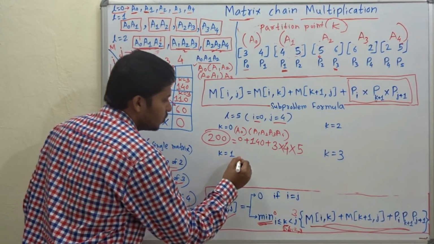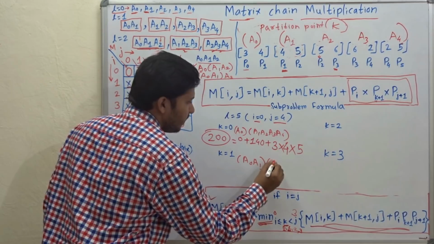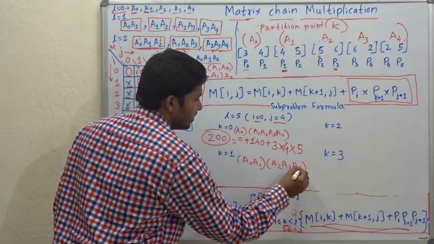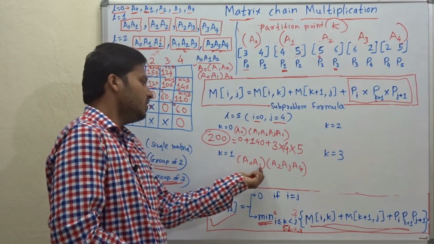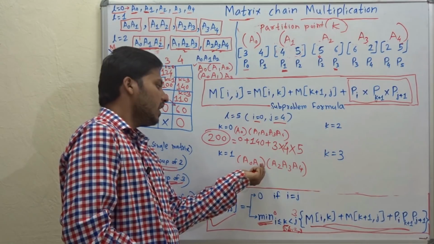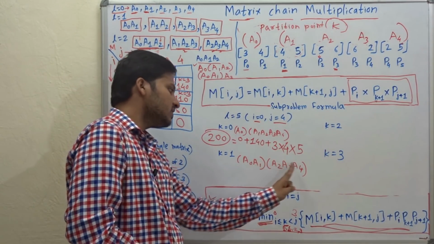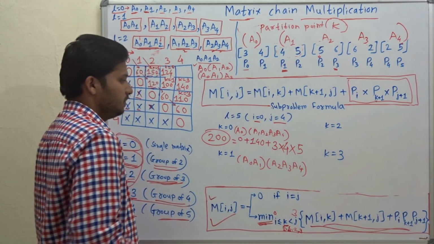Now for k equal to 1, see A0, A1 is one partition and A2, A3, A4 is the second partition. Because 1 is the partition point, A0 and A1 will be the one partition, and from k plus 1, that means from A2 to A4, is the second partition.